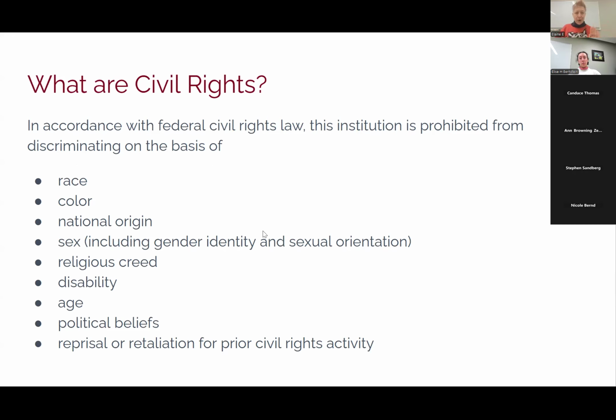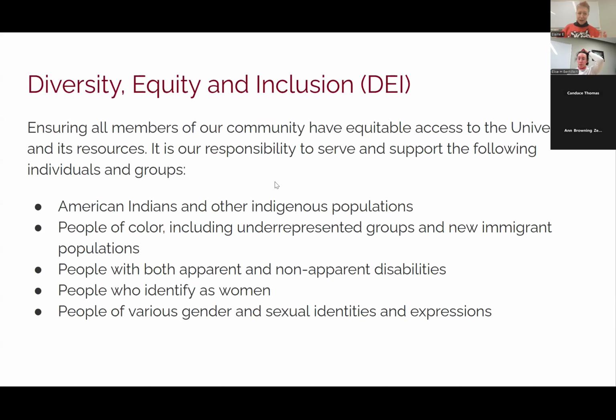So those are all the federal civil rights laws that we at the University of Minnesota comply with. And as a representative of the University of Minnesota in this program, you also are obligated to comply with these civil rights.